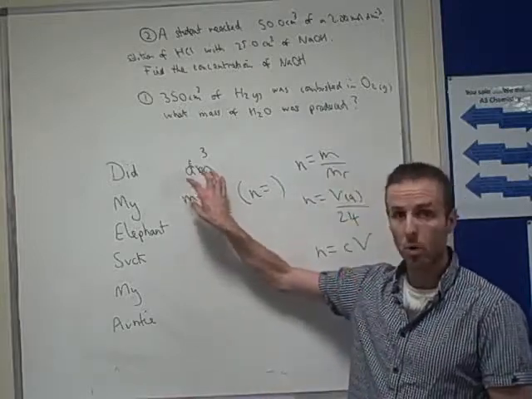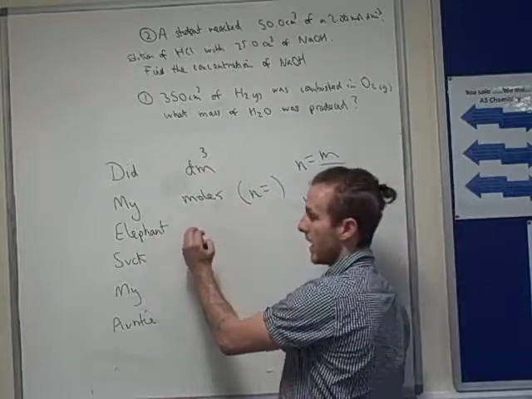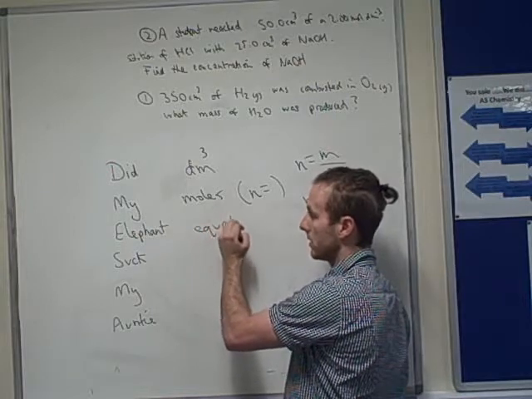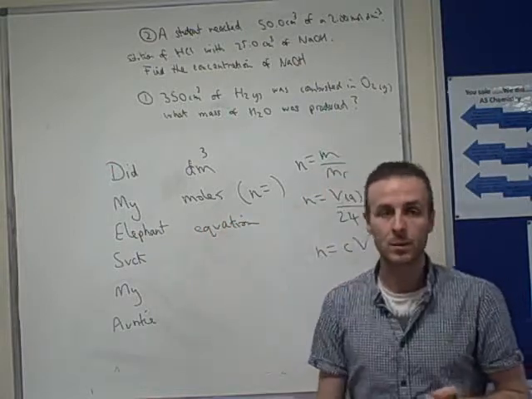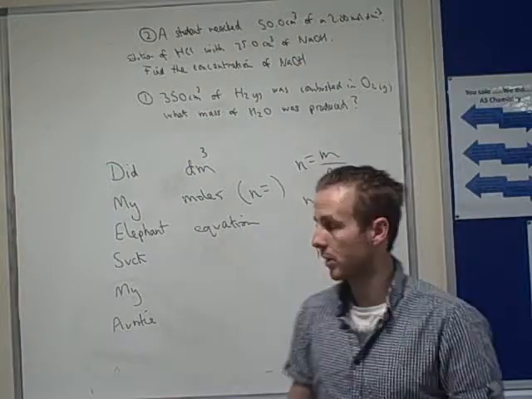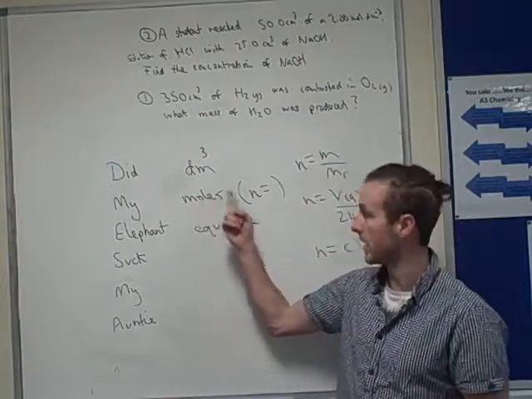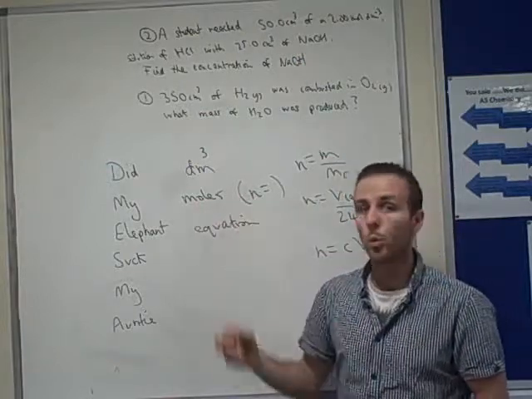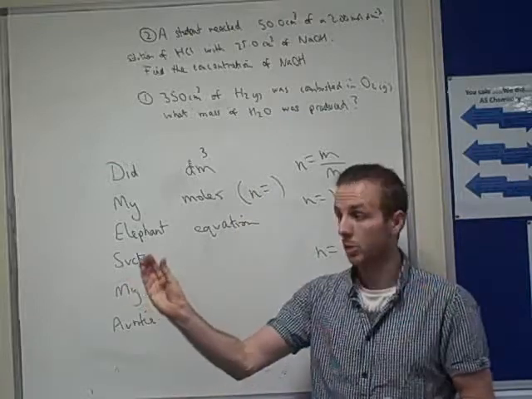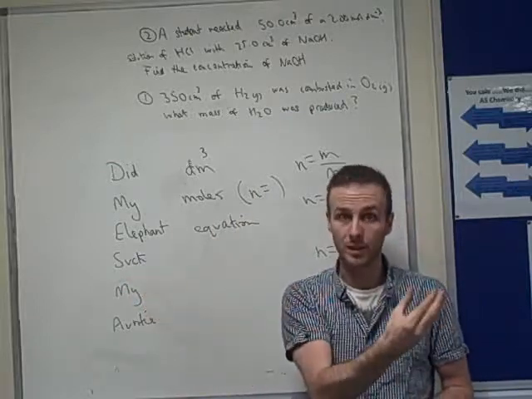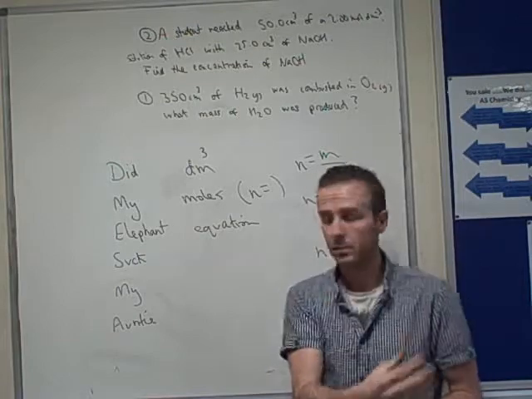Once you've figured out the moles of something, we're going to use our balanced equation to convert that into the moles of something else. So the information they give you here to figure out the moles of something will not be the thing you care about. You'll need to convert that into the moles of the chemical the question asks.